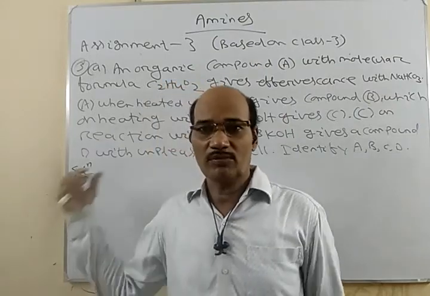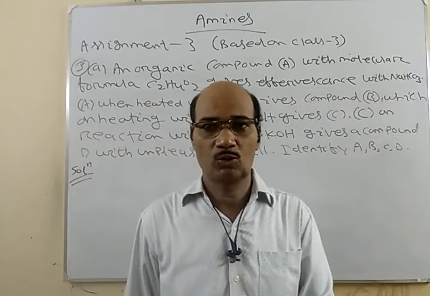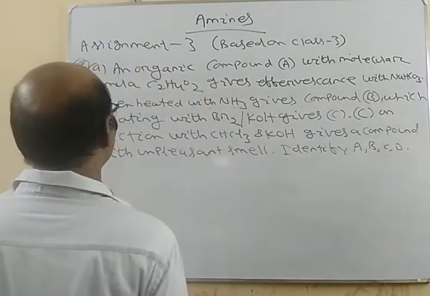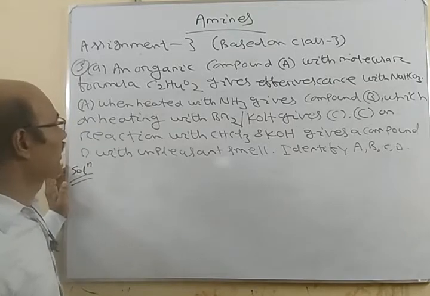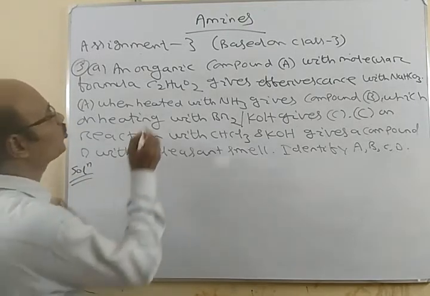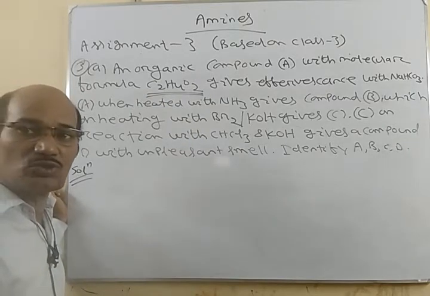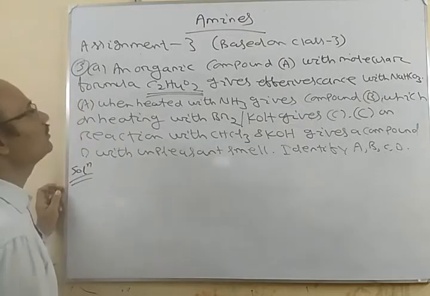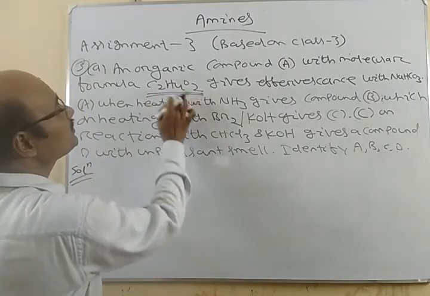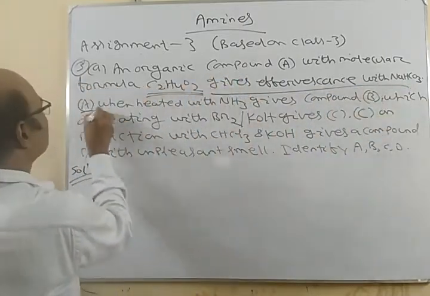Okay, so this is a problem based on determination of structure. Let's see, an organic compound A with the molecular formula C2H4O2, CnH2nO2. So carboxylic acid or ester. Now this gives effervescence with sodium bicarbonate.